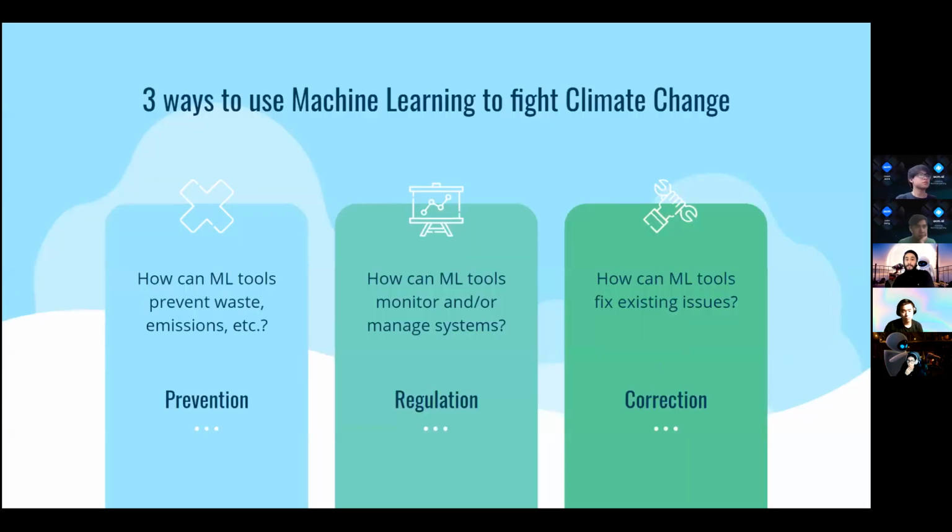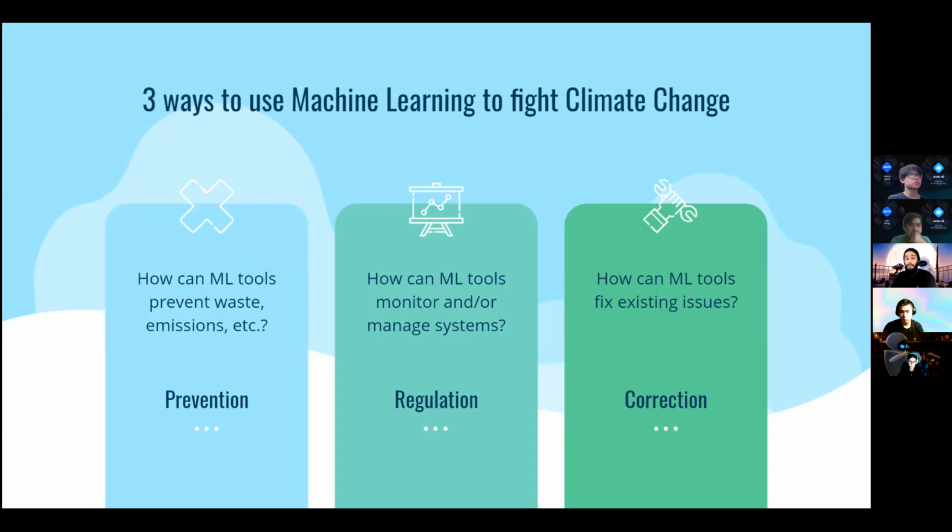So the different ways you could use these tools when you're coming up with ideas is prevention, regulation, or correction. Prevention is basically how you can use machine learning tools to prevent future damage, prevent additional damage, for example, wastage and pollution. Regulation is basically monitoring certain harmful activities, even though they might be important, they could be very damaging to our environment.